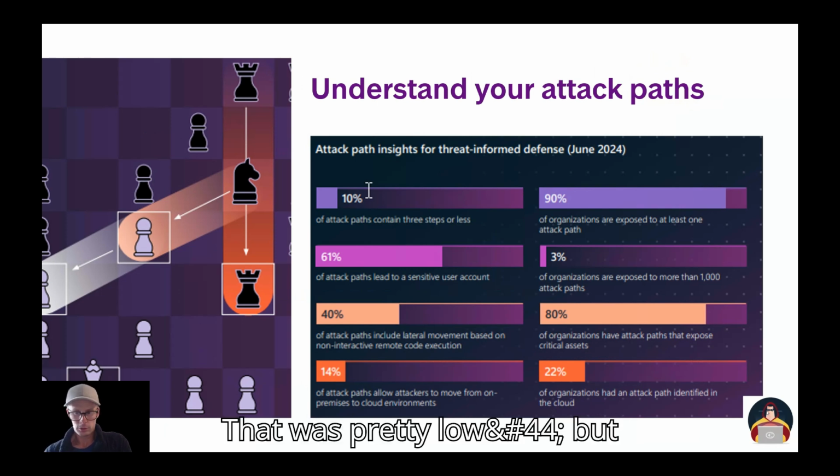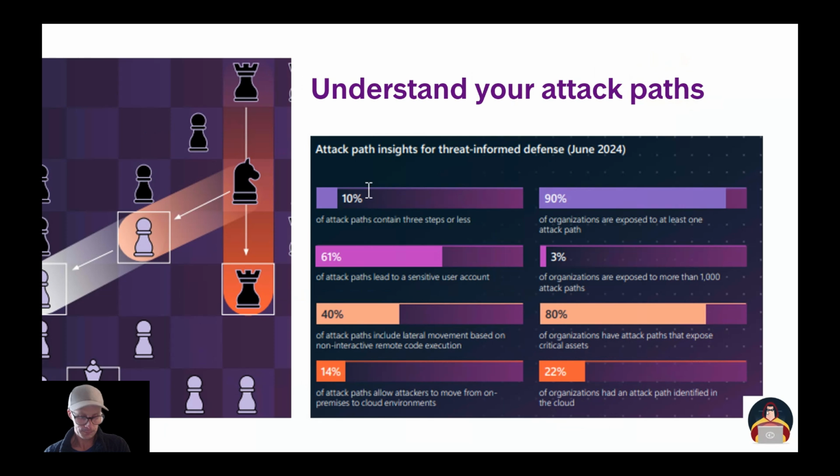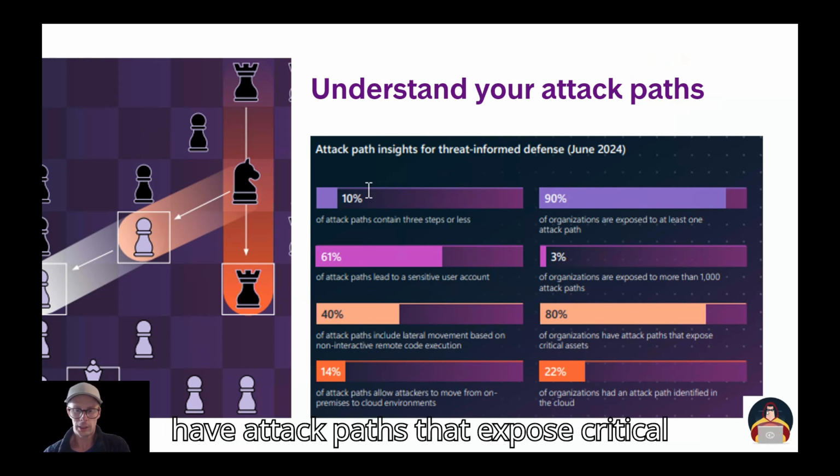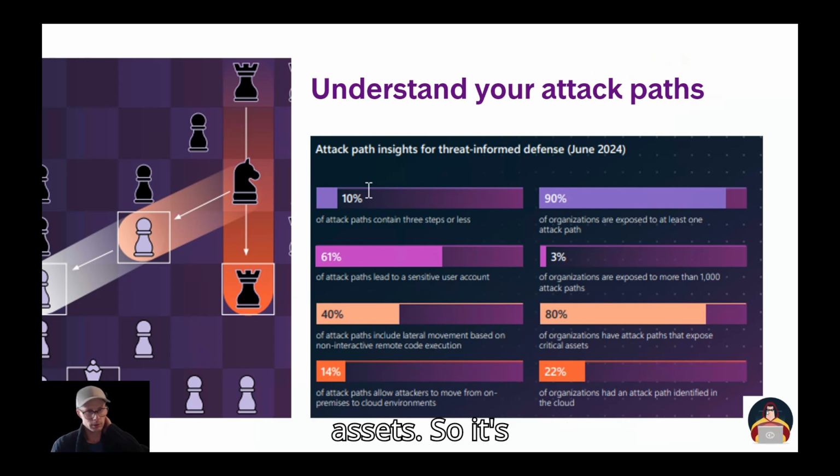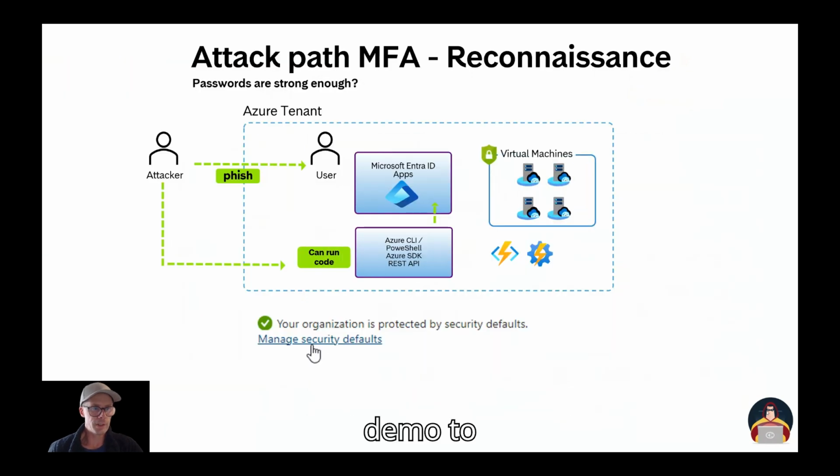That was pretty low, but 80% of all organizations have attack paths that expose critical assets. So it's very important. So now I will head over to the demo to showcase the recon phase.